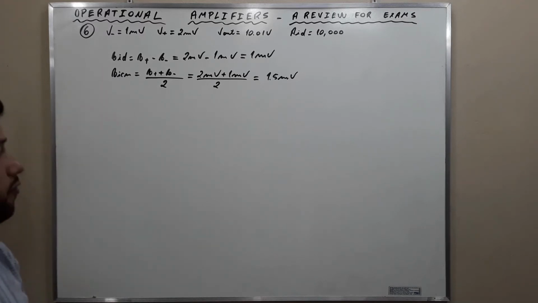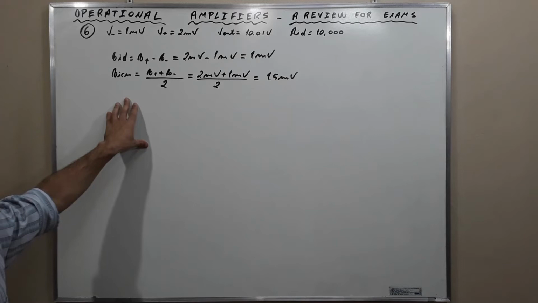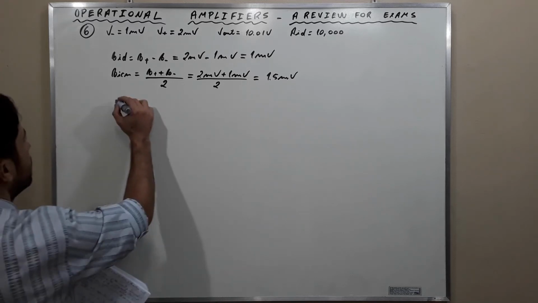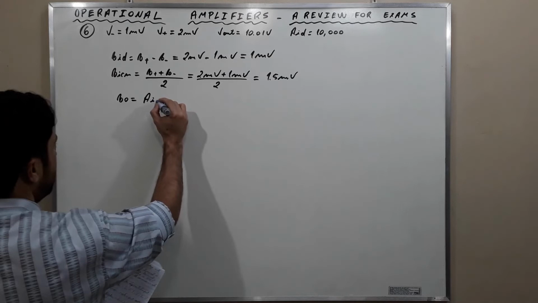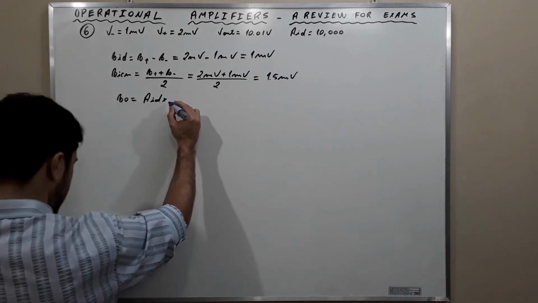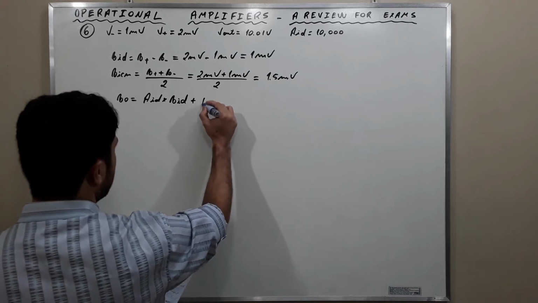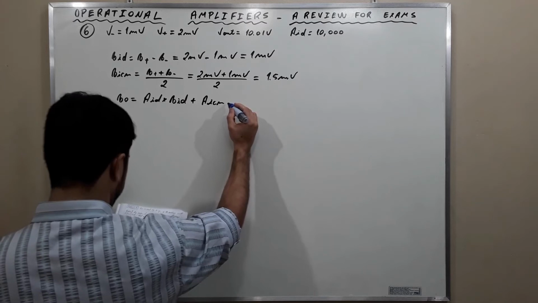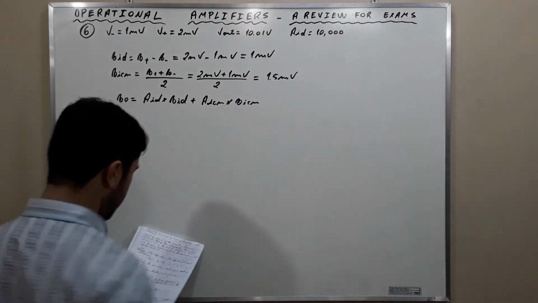But in real amplifiers, common mode signals will be amplified. And the output voltage is therefore VO is equal to AID times VID plus AICM times VICM.